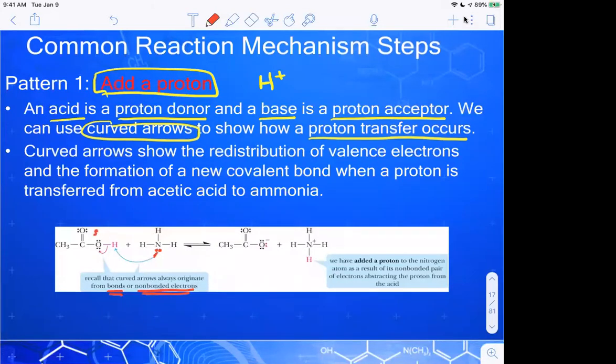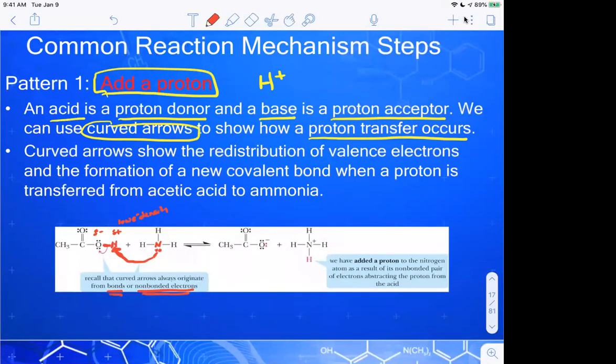Remember, this is partial negative and this is partial positive. This hydrogen has low electron density because it is partially positive. So this lone pair is coming in, it's going to attach to the hydrogen. So I now form a bond between the nitrogen and the hydrogen.